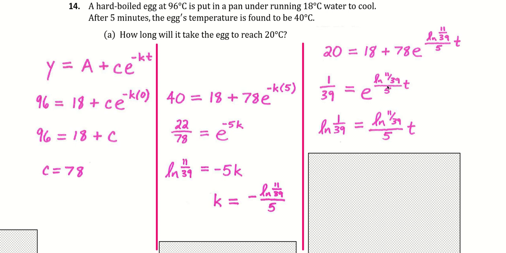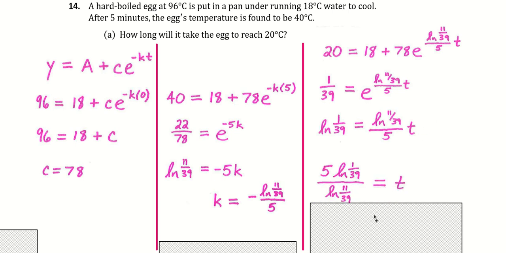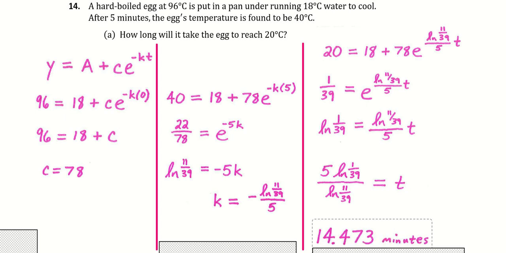So I can get to here. Now it's just solving for t. I know it's ugly, but it's just old school algebra, getting t by itself. You get this pretty looking thing, and that can approximate to about 14.473 minutes.